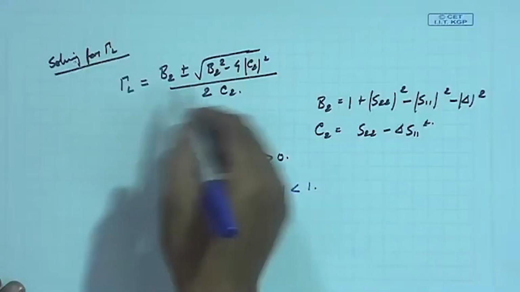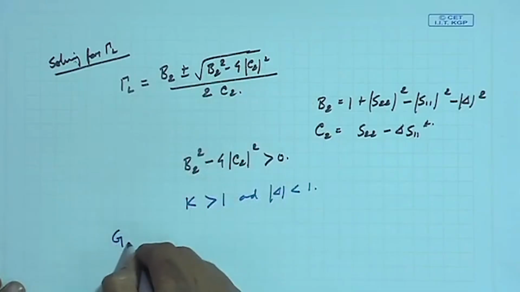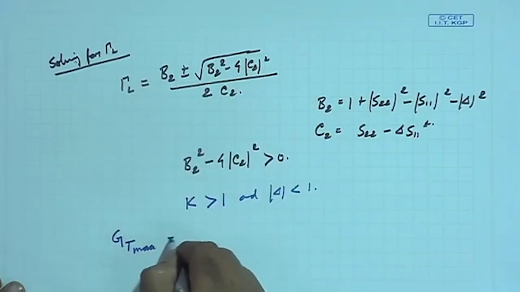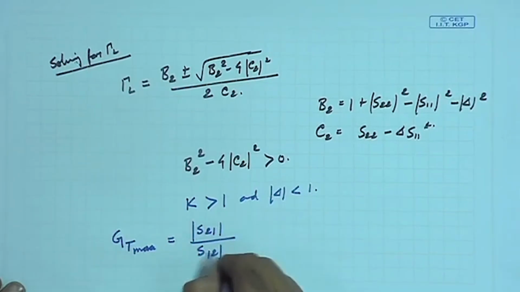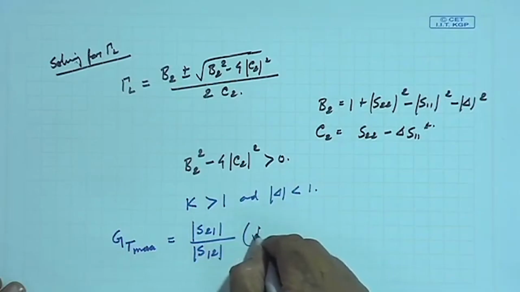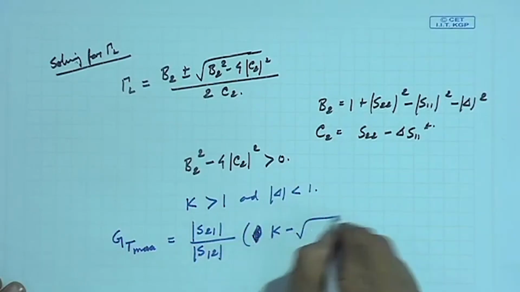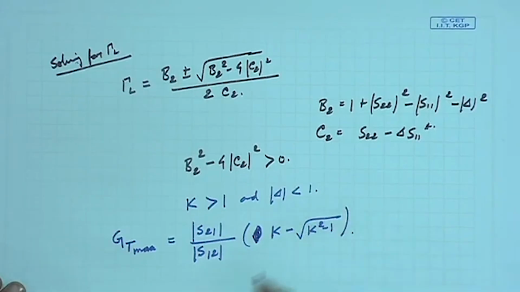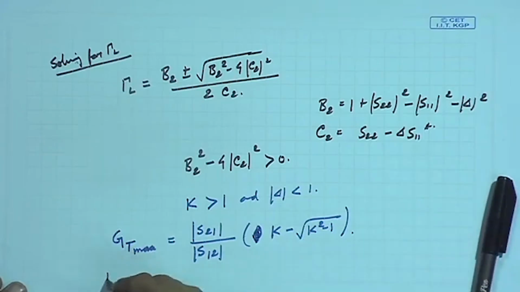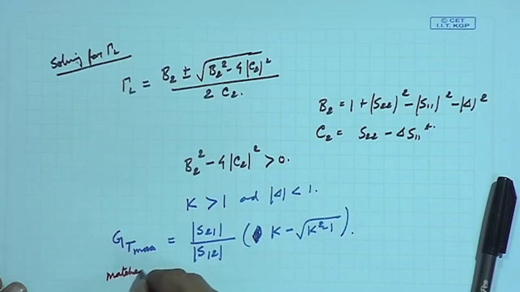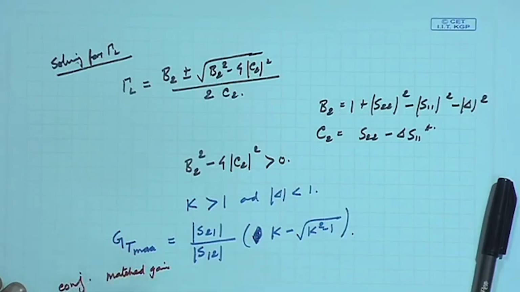When the roots are chosen like this, we can maximize G T max, and that is given by S21 by S12 times K minus root over K square minus 1. This maximum gain for conjugate matching is sometimes also called matched gain. More scientifically it should be called conjugately matched gain, because there is also a simple match case.